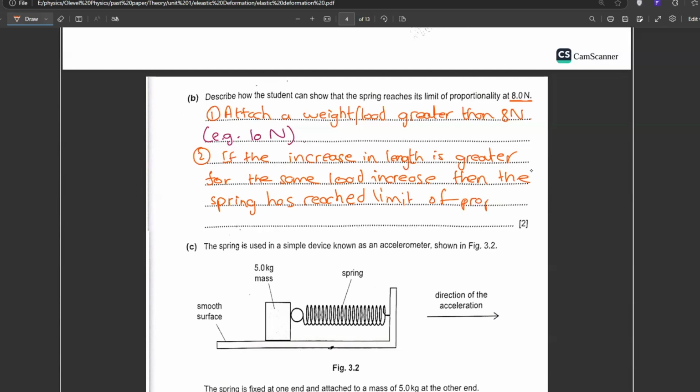Simple as that, nothing complicated here. So this is how you will write this answer.